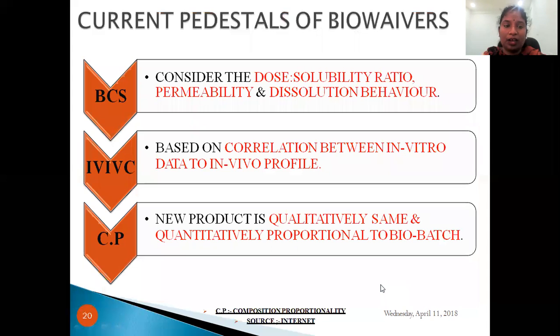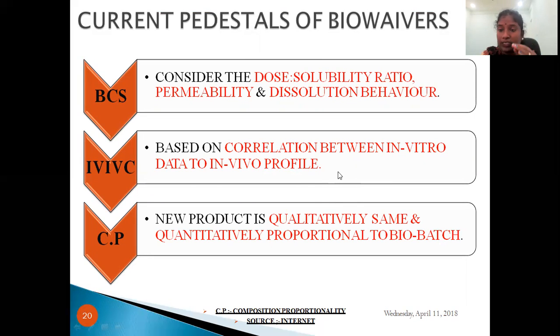Next is the current perspectives of biowaivers. In BCS, the dose-solubility ratio, permeability and dissolution behavior are very important while considering the biowaiver procedures. For in vivo and in vitro correlations, we correlate the in vitro study data with the in vivo profiles.